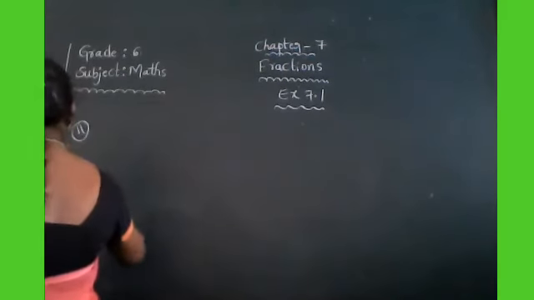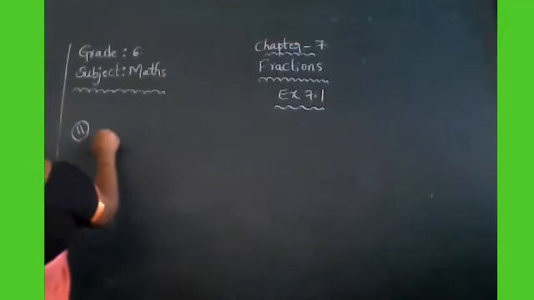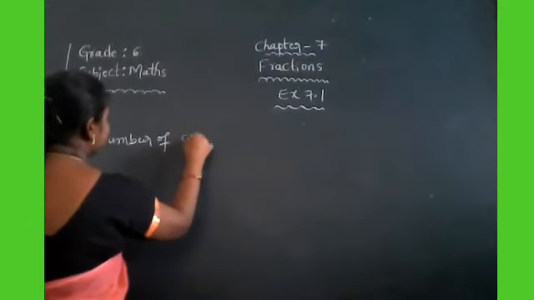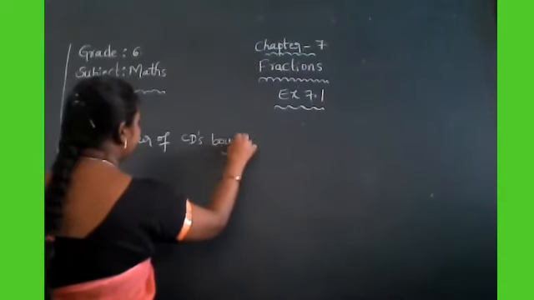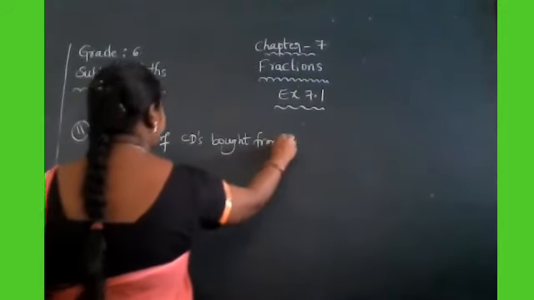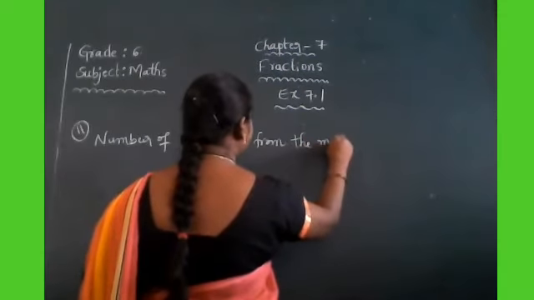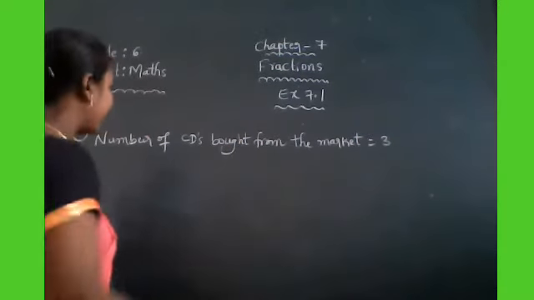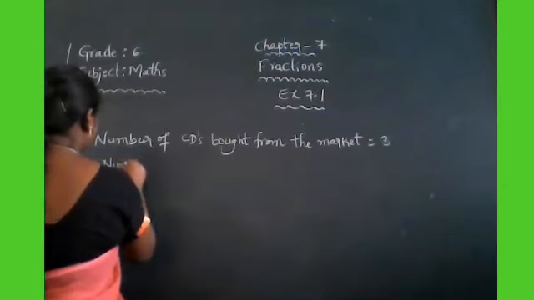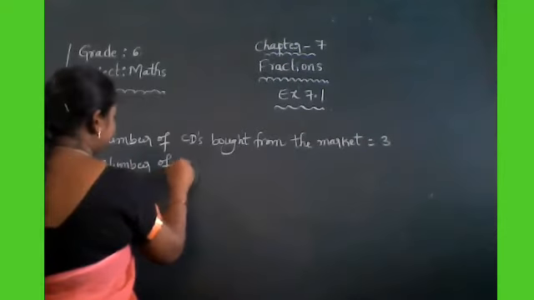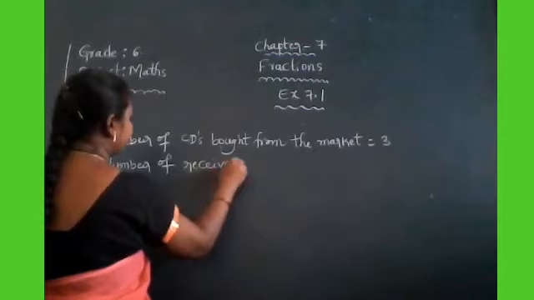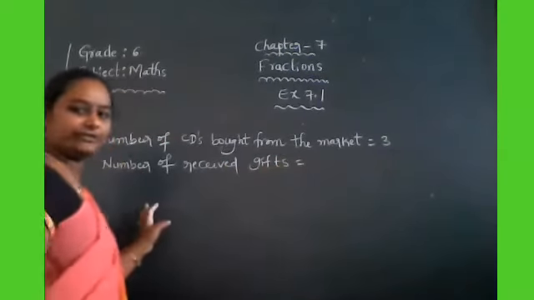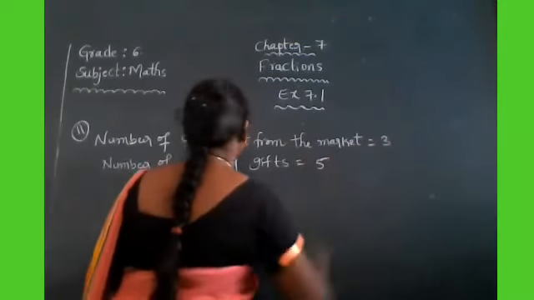Now, note down in your notebook: number of CDs bought from the market. So, how many CDs has she bought? 3. Number of received gifts. How many gifts has she received? 5.